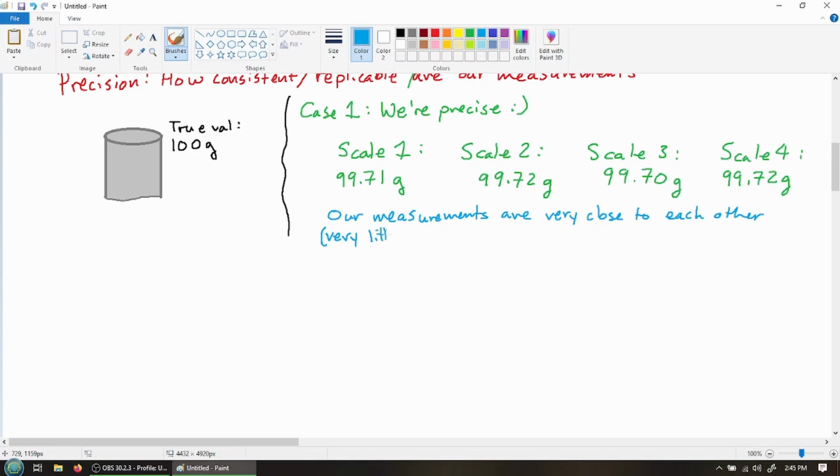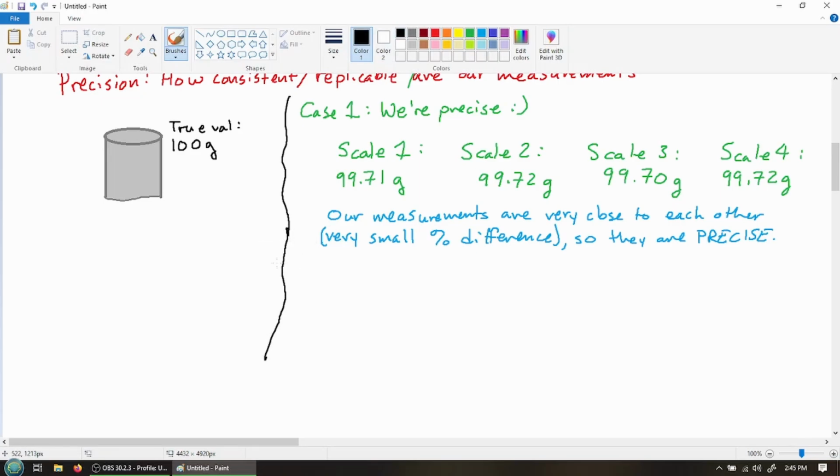And no, I'm not going to say error. I'm going to say very small percent difference. And as a result of that fact, what we can say is that these are going to be precise.